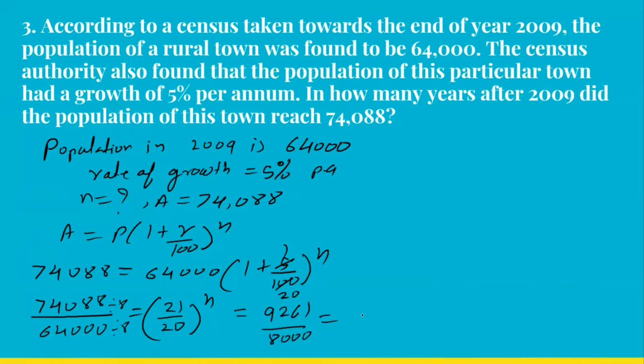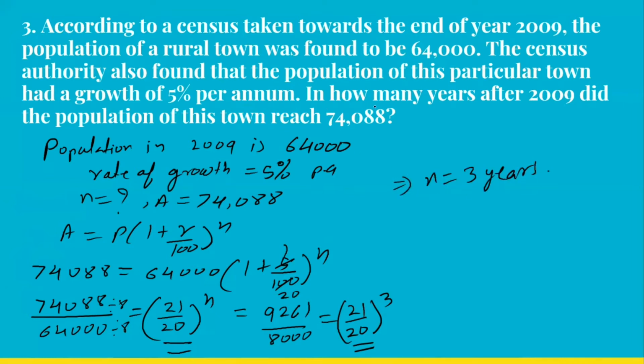And this is nothing but the cube of 21 upon 20, where 8,000 is the cube of 20 and 9261 is the cube of 21. Now compare this. You have 21 upon 20 to the power N and you have 21 upon 20 to the power 3. So this is how you get N is equal to 3 years.